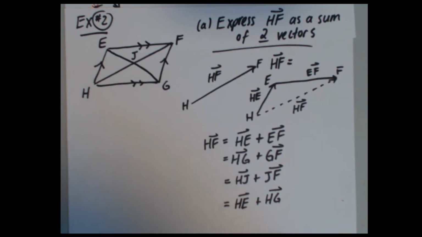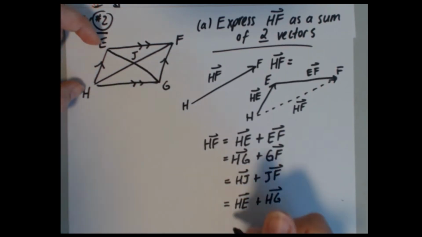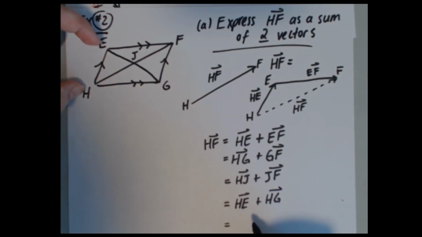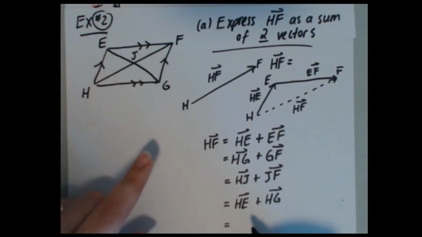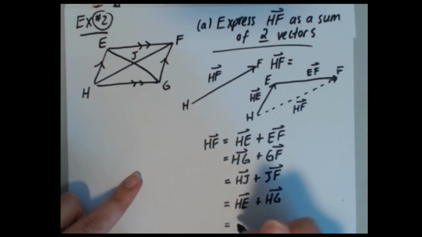Okay, so what else can we do here? Well, we have to get to this point. So we need one vector going up and one vector going right. I don't always have to start at H, right? I don't have to go HE plus EF. I can replace HE with something else. HE has a certain length and direction, and the only other vector with that length and direction is GF.